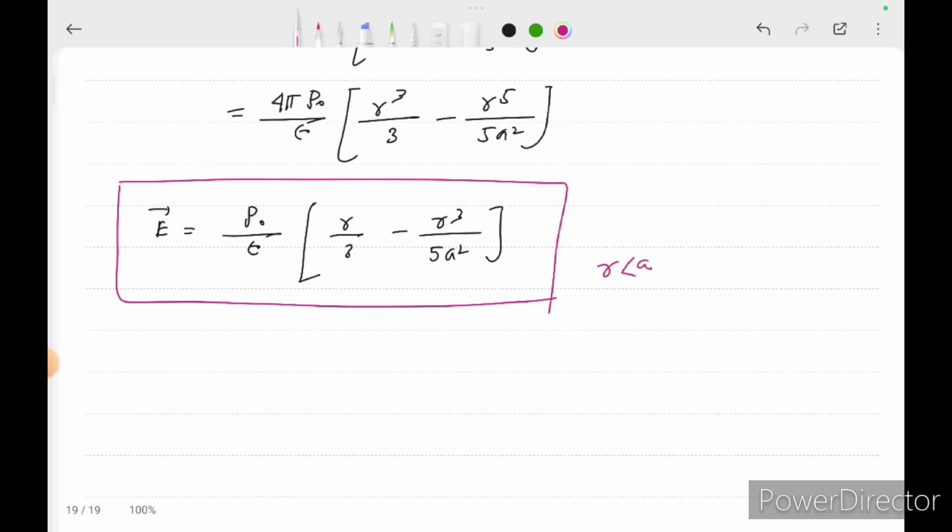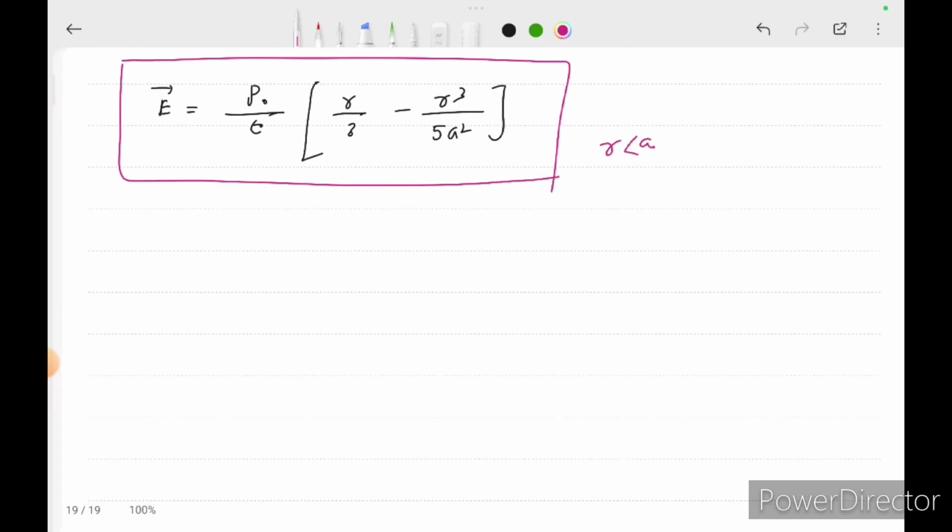Okay, now the electric field outside the charge distribution.